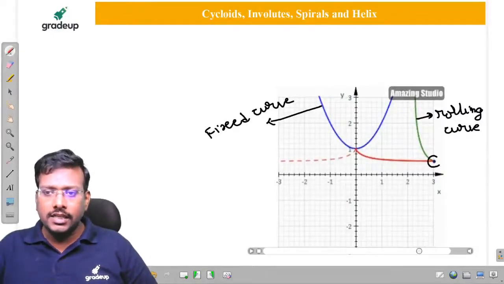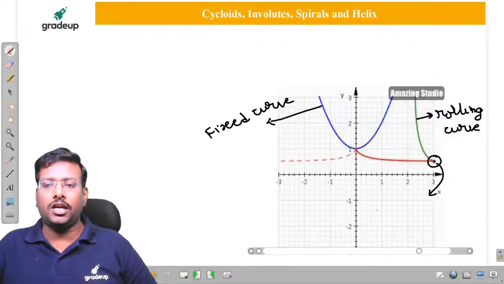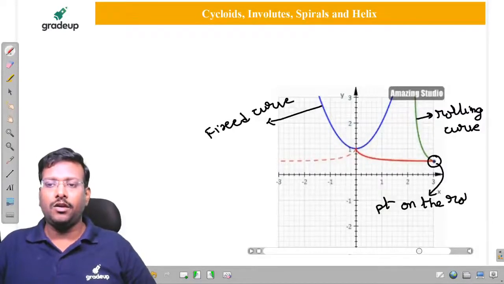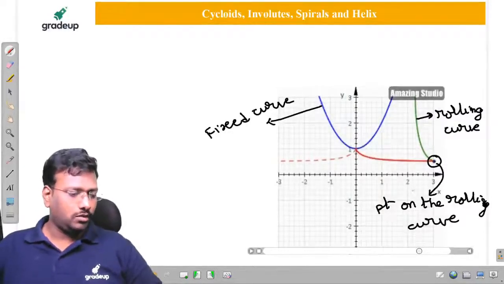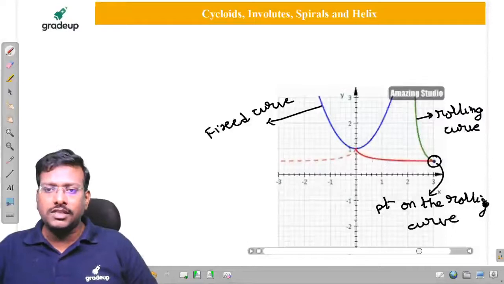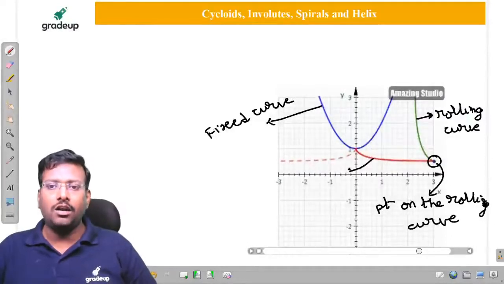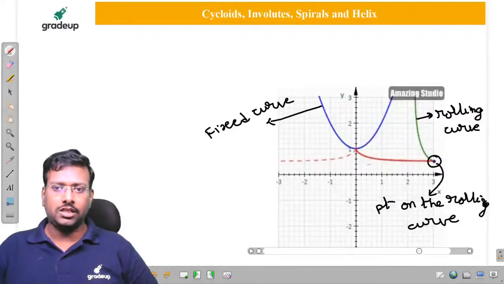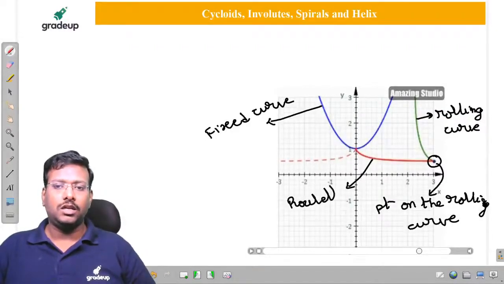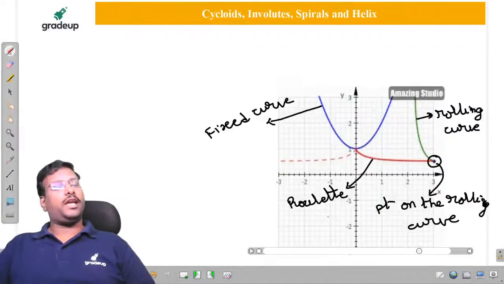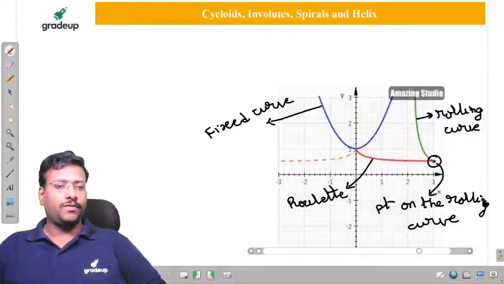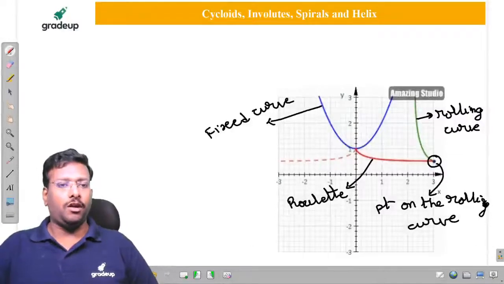What we consider is the point on the rolling curve. Now what about this red color one? This is called a roulette. Sir, now can I give the definition of a roulette? What is the definition of a roulette?